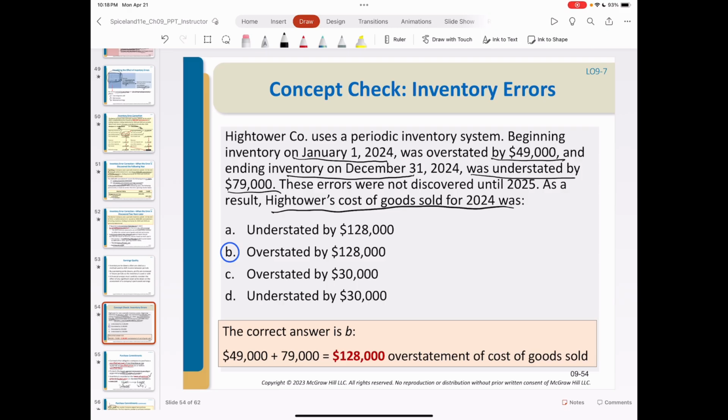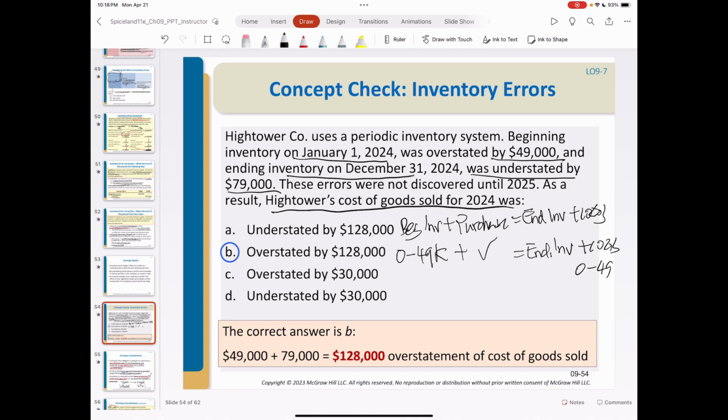To solve this problem, we need to use the equation: beginning balance of inventory plus purchases minus ending balance of inventory equals cost of goods sold. The beginning balance of inventory was overstated by $49,000. Purchases are correct. If the ending inventory is correct, the cost of goods sold will be overstated by $49,000.